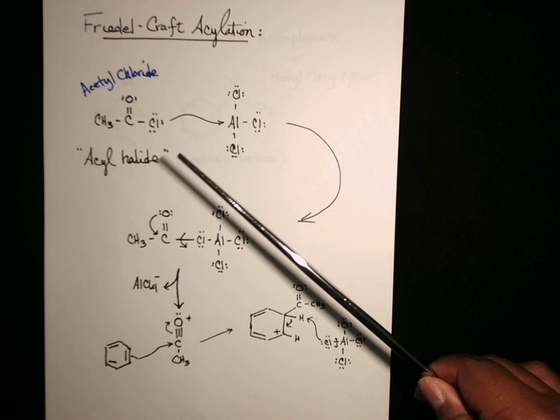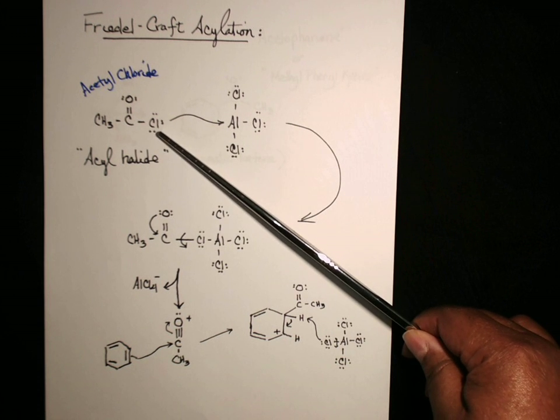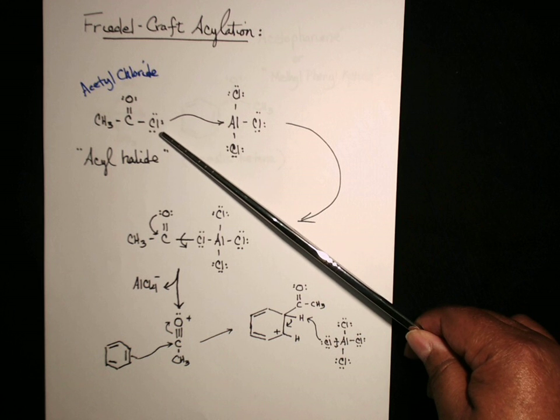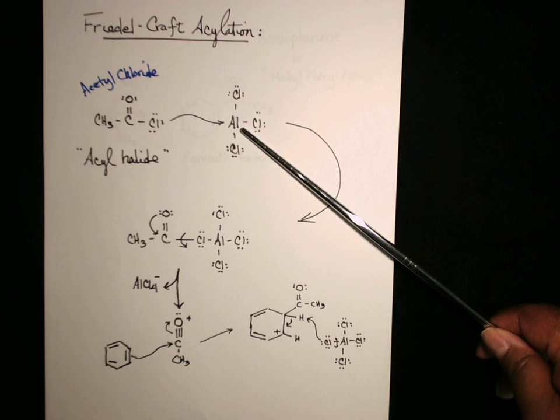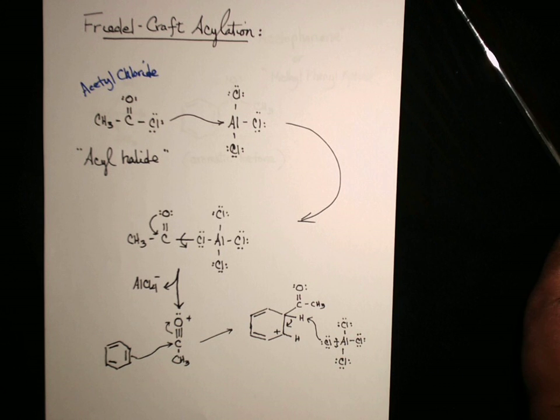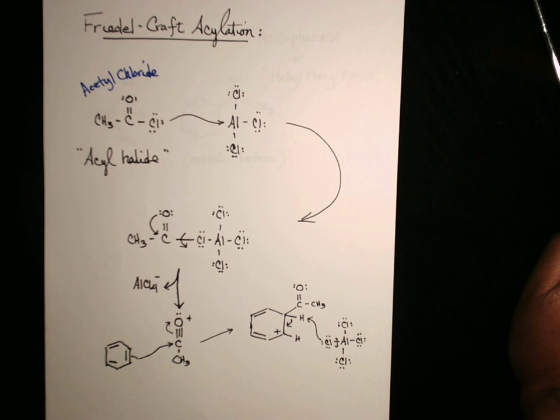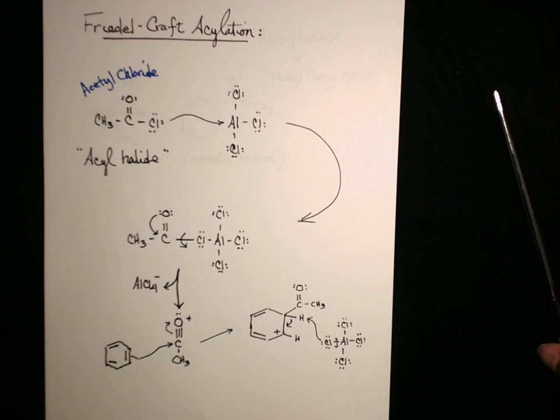So, the acyl halide forms a transition complex with aluminum chloride. The aluminum chloride is the catalyst. If you recall, for electrophilic aromatic substitution or reactions with benzene, we had two major catalysts.